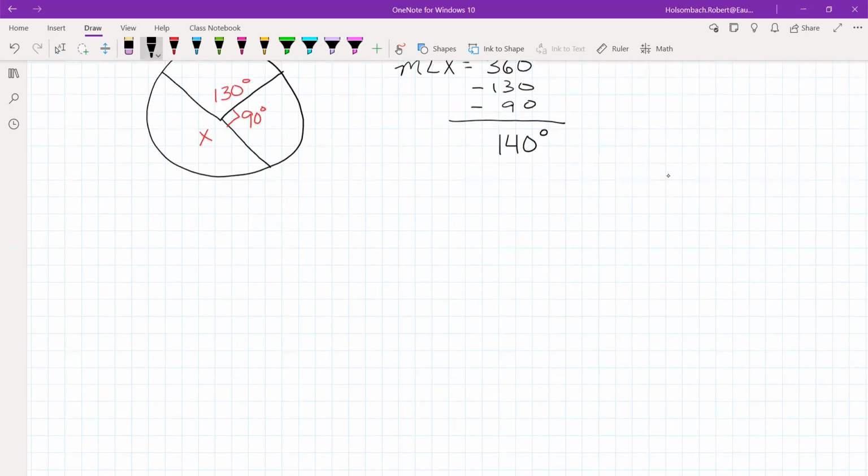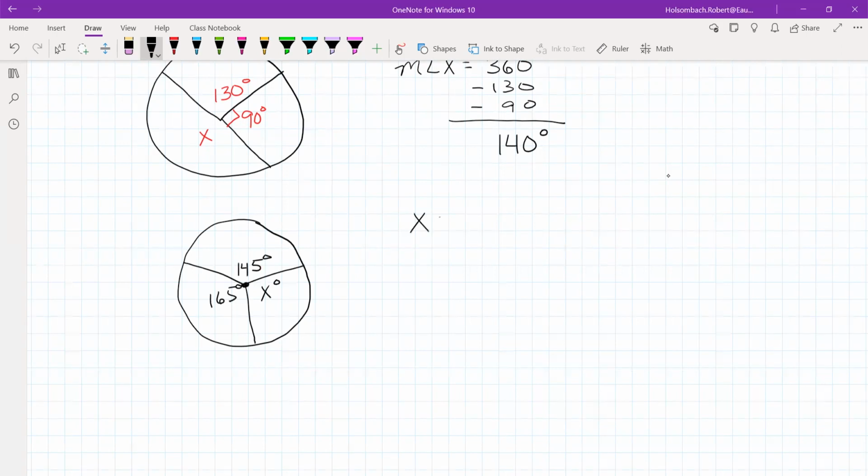Example 1A. We've got a 145 degree angle and a 165 degree angle. And we've got X degrees here. So we can say that our X is equal to 360 minus 145 minus 160.